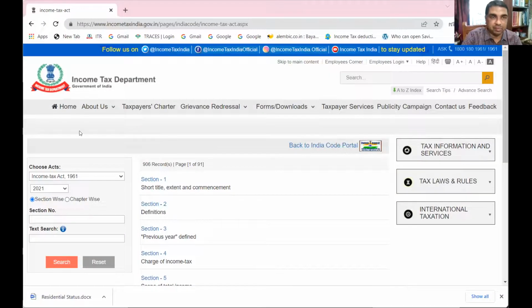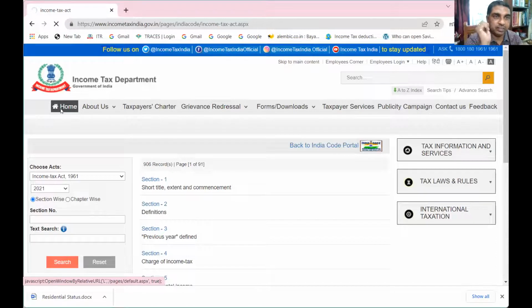Let me now quickly take you to the income tax department's website to show you the sections that we have learned today. I think by this time you must be familiar with the Income Tax Department's website.